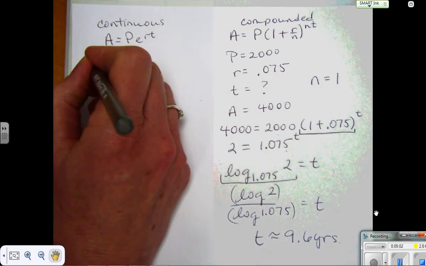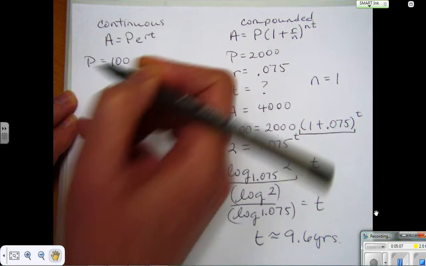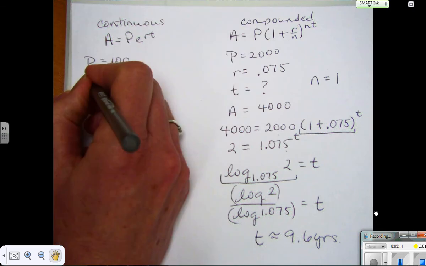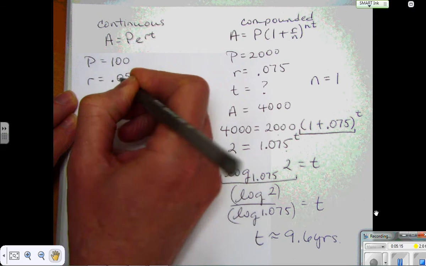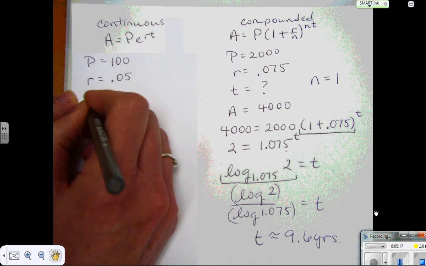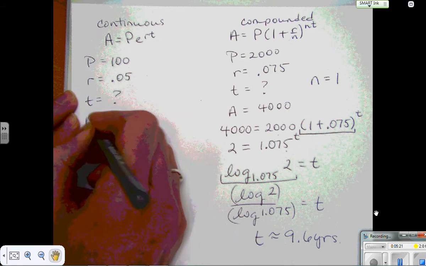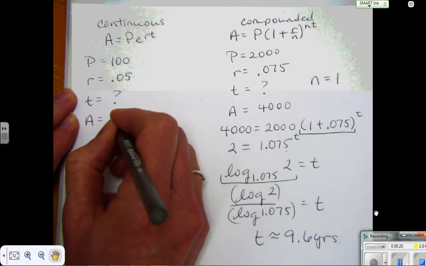So the principal amount that you invested is 100. R, the interest rate, is 5%. As a decimal, it's going to be 0.05. T is what we're going to solve for. And your capital A, what it grows to, is 150.